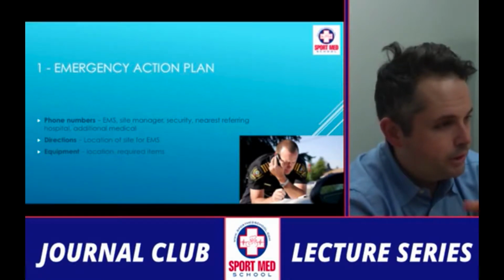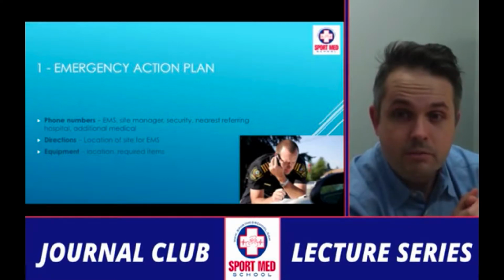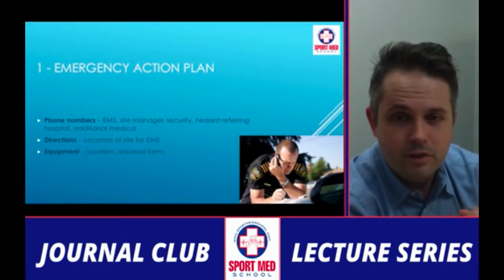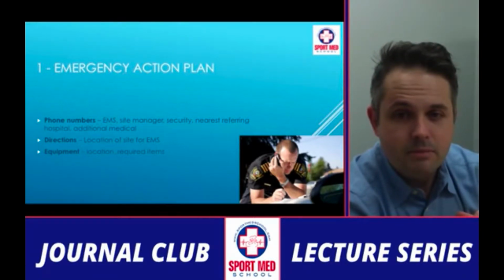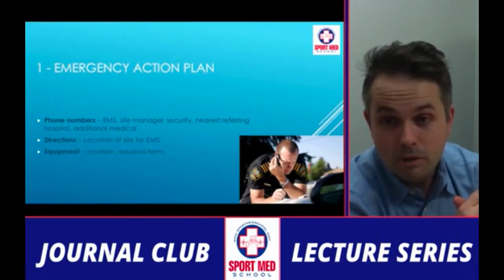Directions are a very important thing to consider, and often forgotten with respect to emergency action plans. Sometimes it can be quite difficult for EMS, even in the advent of GPS systems, to find out not just the location where you're at, which may very well come up on the GPS, but how to access specifically your emergency.